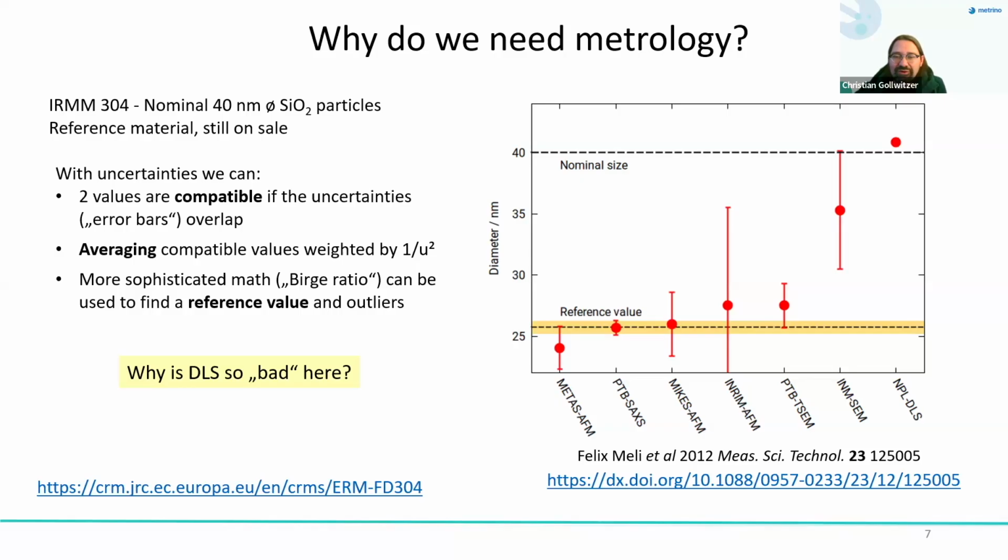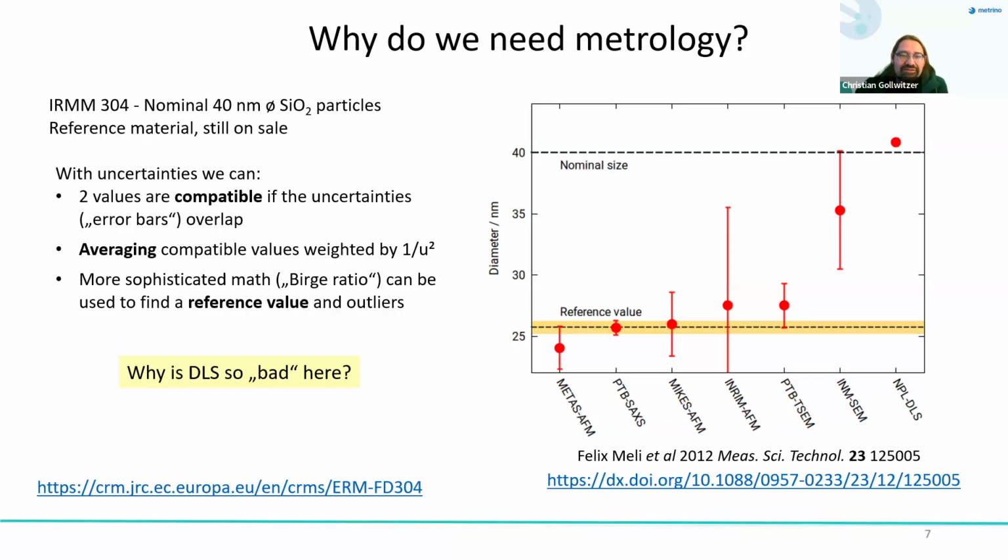For example, if you compare the SEM result with a TSEM result next to it, you will see that the error bars, the uncertainty ranges, do not overlap. So these results would not be compatible. But if you compare the SEM with the next one to the left, the in-rim AFM, you see that the error bars overlap. So these results by themselves, if you have no other information, would be compatible.